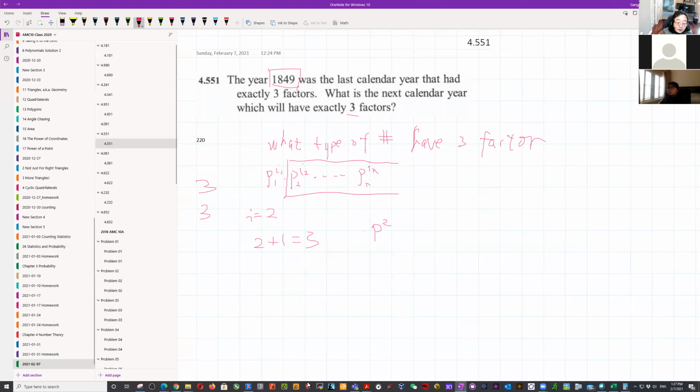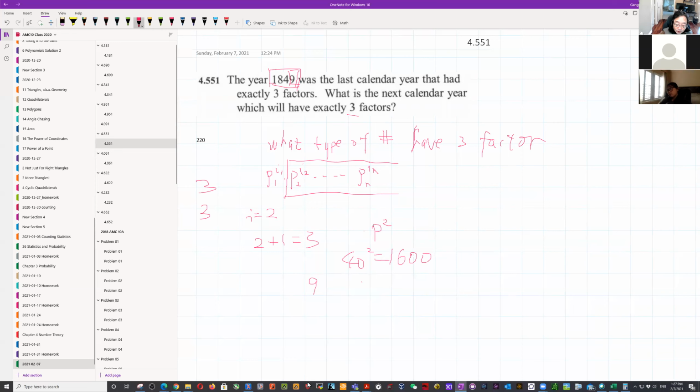Let's see if 1849 is a complete square of any number. 40 squared, 1600, is extremely close to it. And the last digit is 9, so 9 can only be the square of 3.